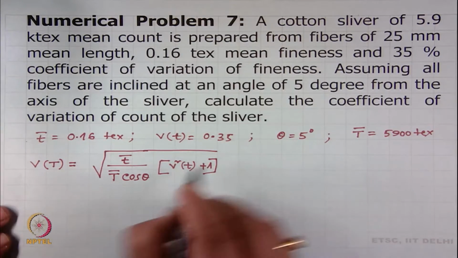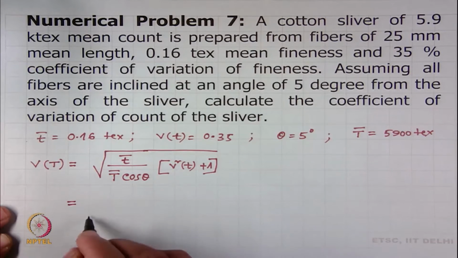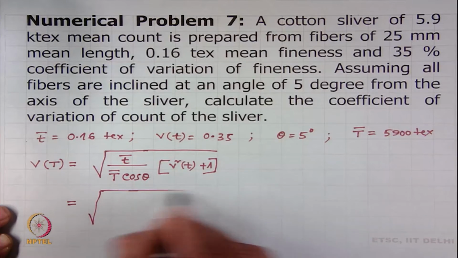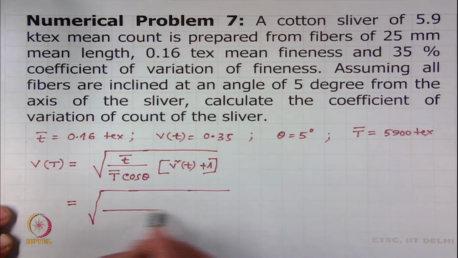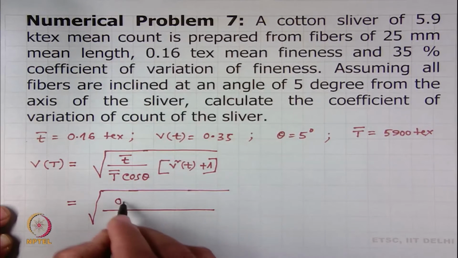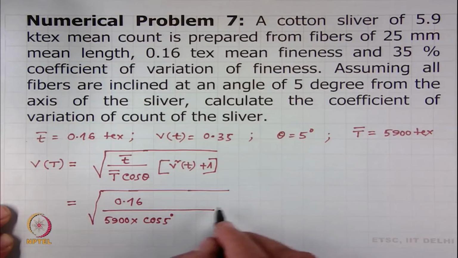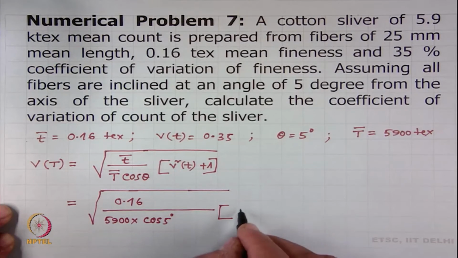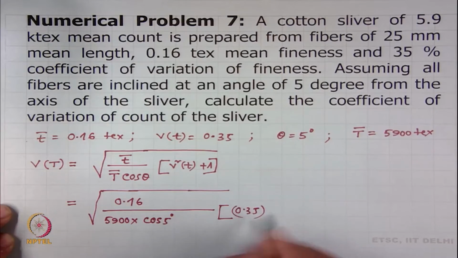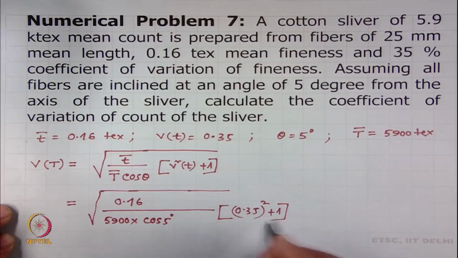So, if we substitute, capital T bar, 0.16, 5900, cos 5 degree, 0.35 square, plus 1.